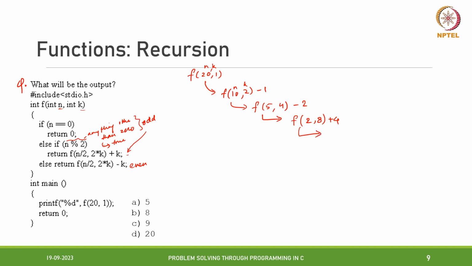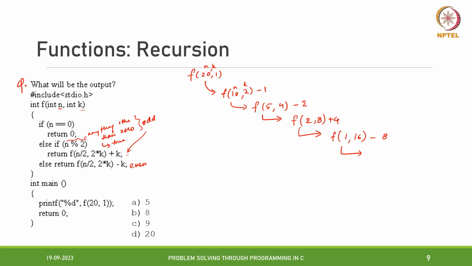Okay, now what does this do? Now this, again, n is still non-zero, but it is even. If it is even, then the last statement, which is n by 2 and twice of k, so k is 8, so twice of k is 16 minus k, which is 8. Now again for this, what does it call? So 1 comma 16, f of 1 comma 16, what is it?